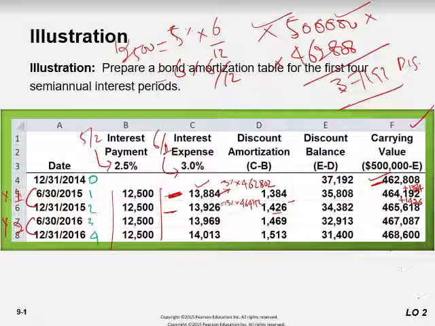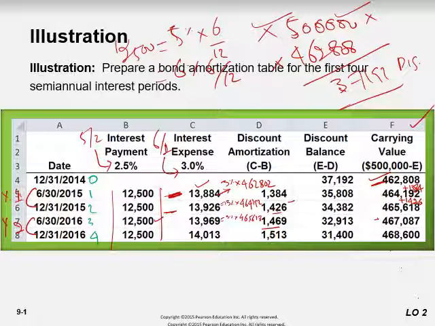Similarly, where this 13,969 came from, it is 3% multiplied by now 465,618, right? So the difference between the interest payment and interest expense is 1,469, and it would be added here.